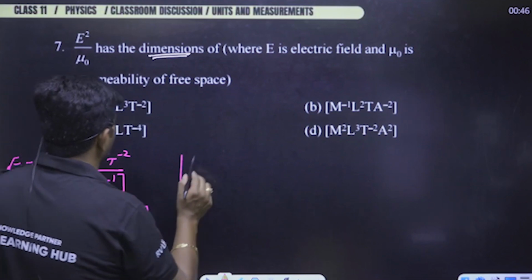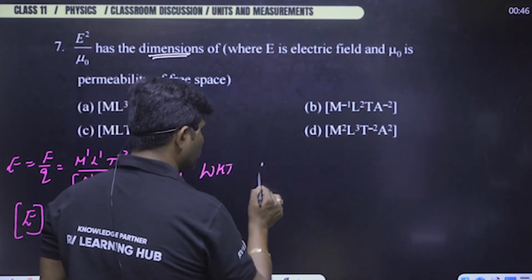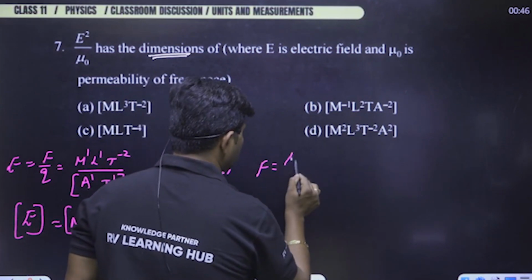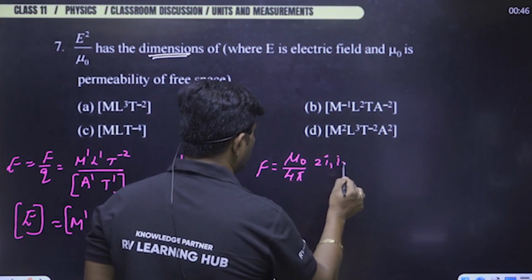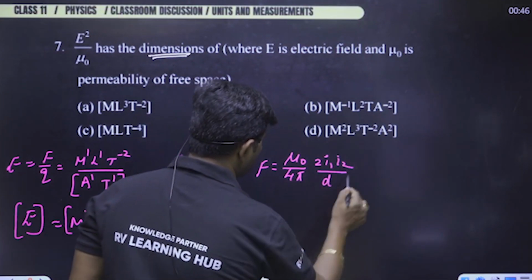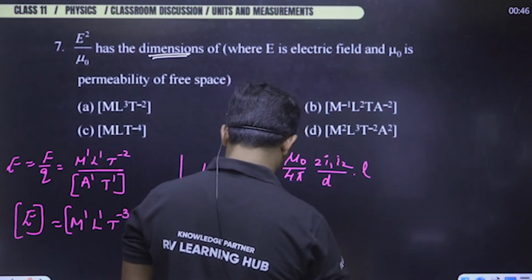And later, what is this mu naught value? So observe this. How can I get the mu naught value? We know that F is equal to mu naught by 4 pi into 2 into I1 I2 divided by D into L. Please think about this.